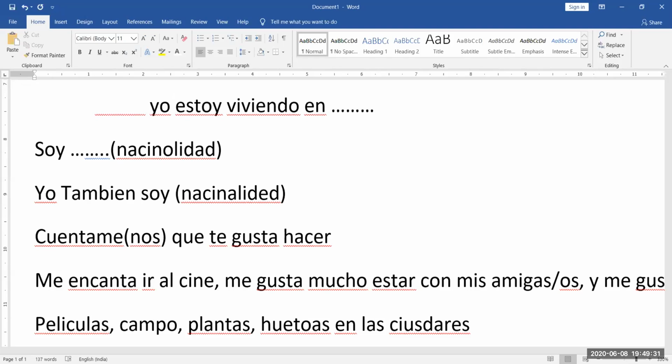Have all of us understood so far? Okay. Now what I can do in Spanish is remove the person. I don't need to say I. With the verb itself, the way the verb is being used in the sentence, the speaker and the listener know that I am talking about the first person, about myself.